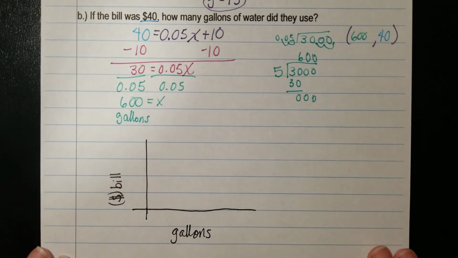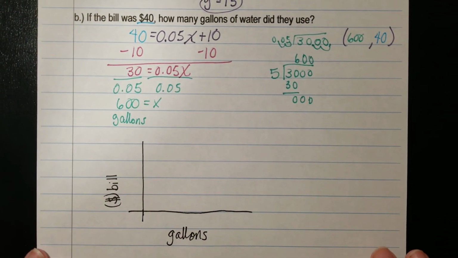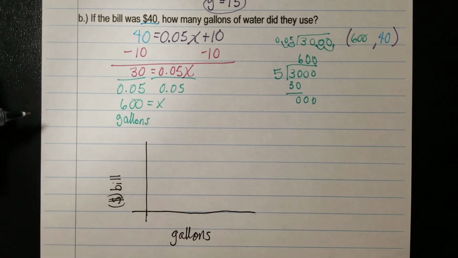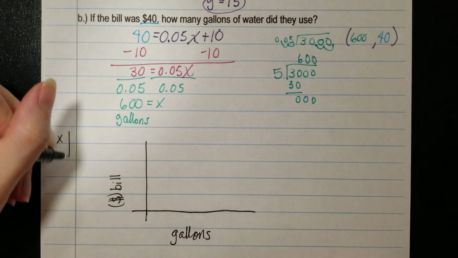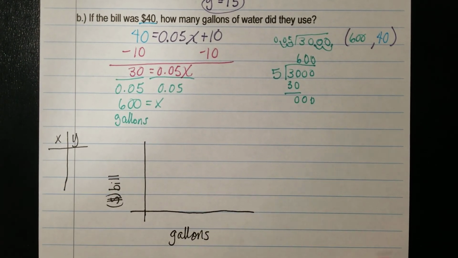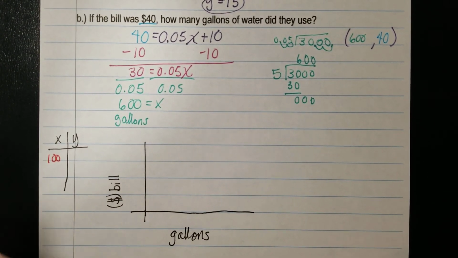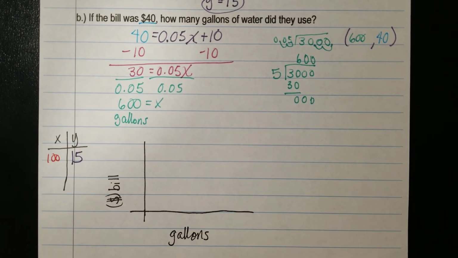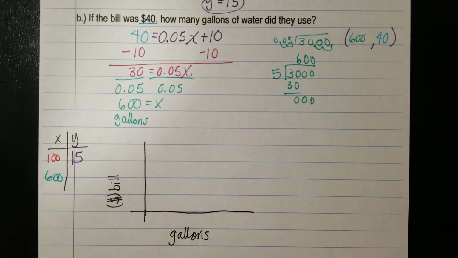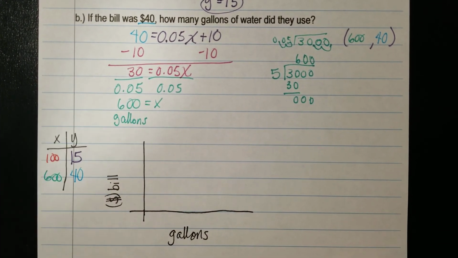Let me go ahead and make a little table using those points. So when X is 100, Y is 15. And when X is 600, Y is 40.